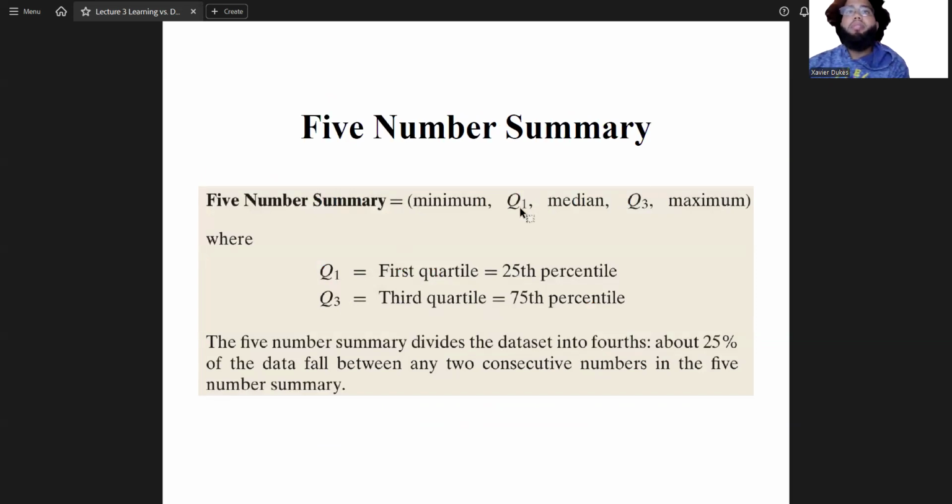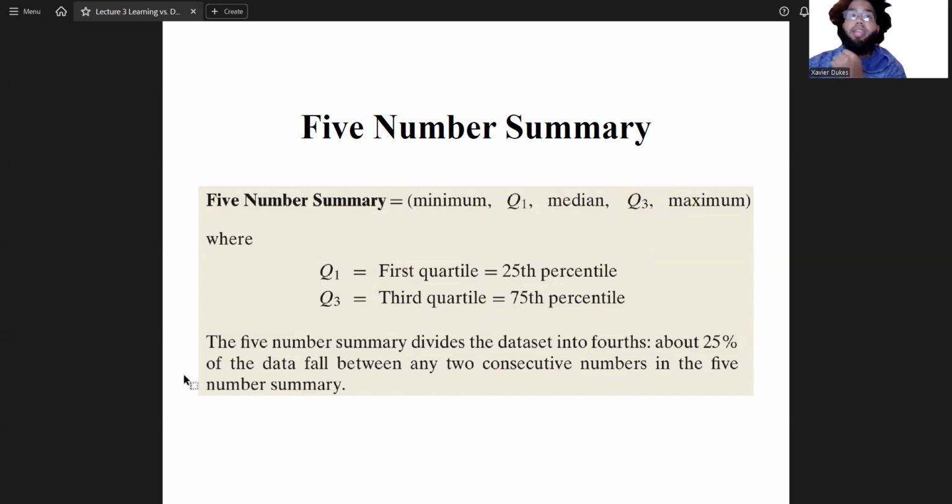Then you have the 5-number summary. You have the minimum, the maximum, quartile 1, the median, which is quartile 2, and then Q3. This gives us the box plot, which is super valuable in determining where outliers exist. It divides the data set into fourths.